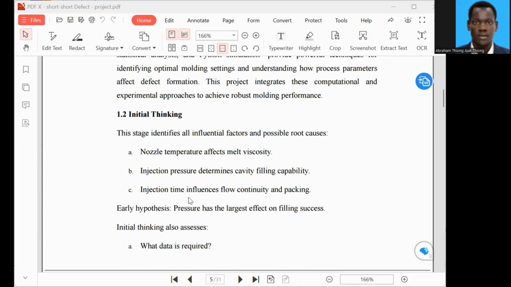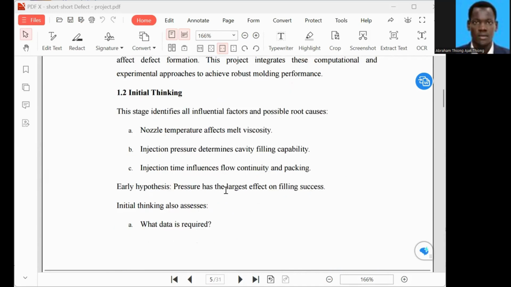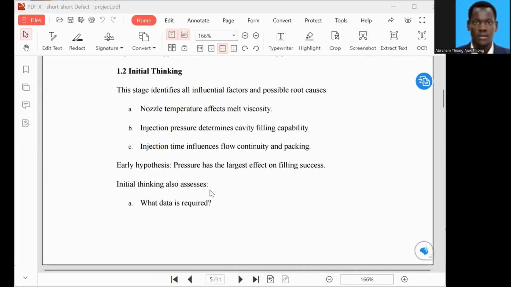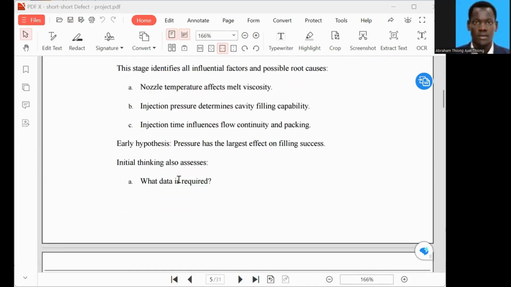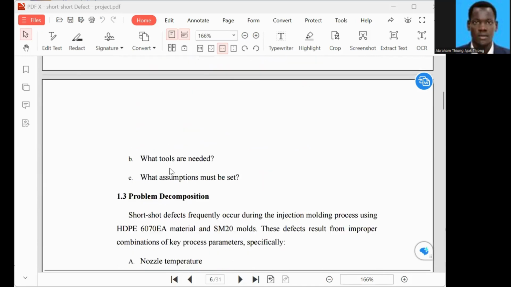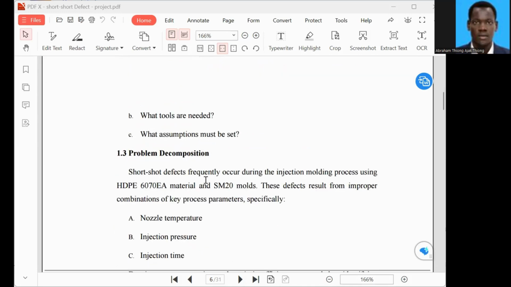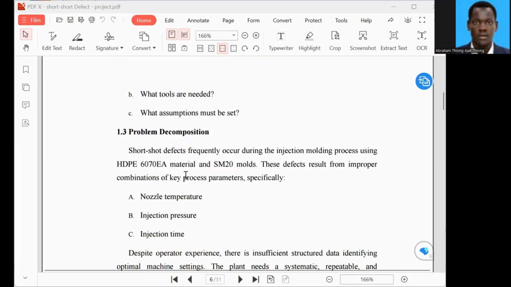Injection time influences the continuity and packing. In initial thinking, we also assess the data required, the tools needed, and the assumptions set. Before we solve the problem, we need to decompose it so that it will be easy for us to solve.